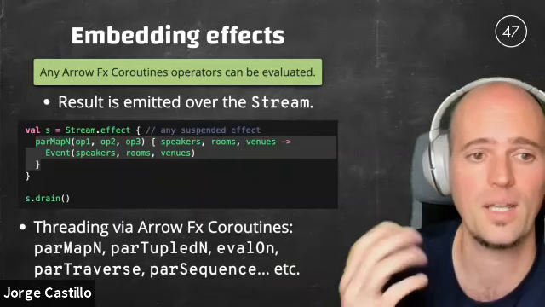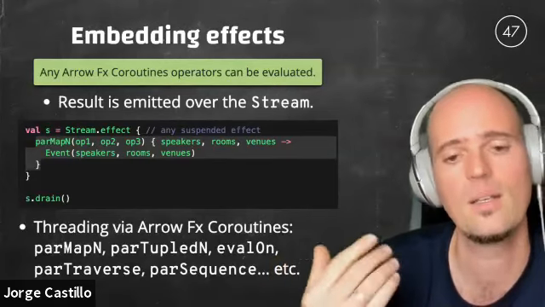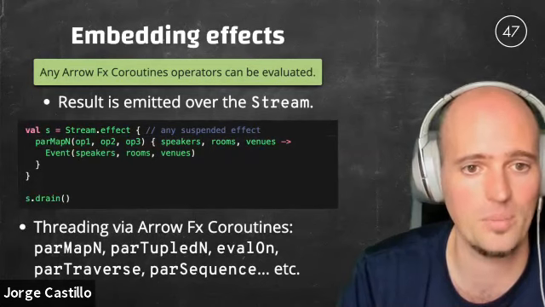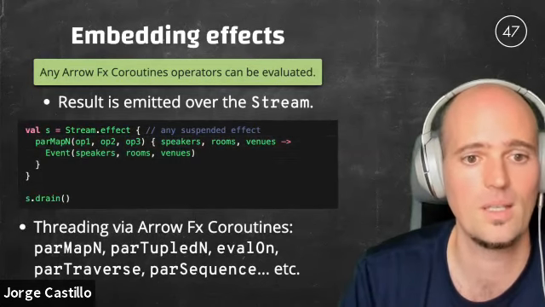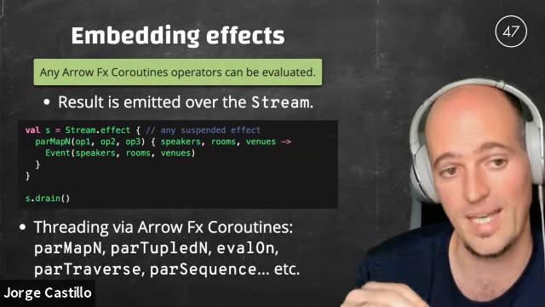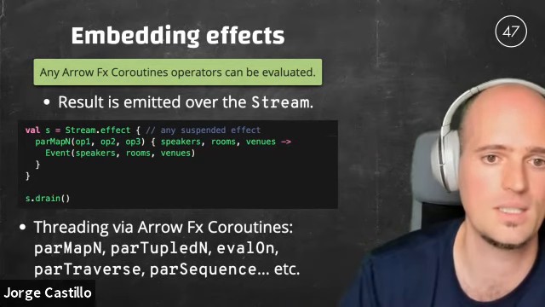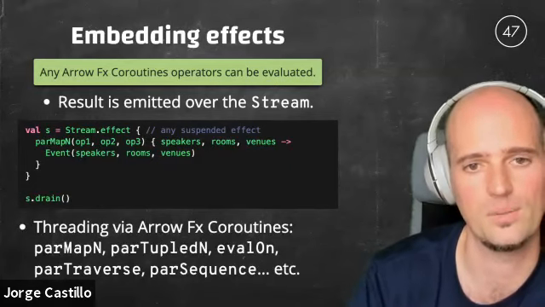So for achieving threading in the world of functional streams, you got Arrow Fx Coroutines again, so you can actually use evalOn here or parMap or anything you want for offloading your actual effect inside of the stream, and you do that in a very atomic way, so you only offload the actual suspended effect at that point, and then come back to the original context or whatever you want to do.